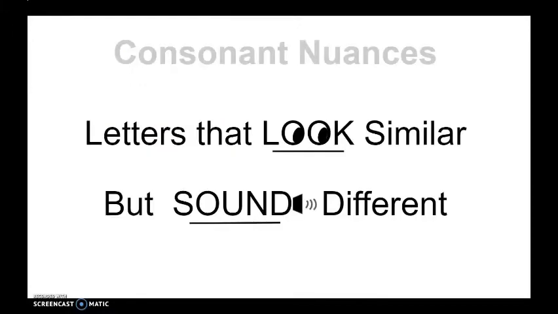Now what we're going to do is look at what we call consonant nuances, and those are letters that look similar but sound different. For a moment, we're just going to concentrate on the letters from this week.